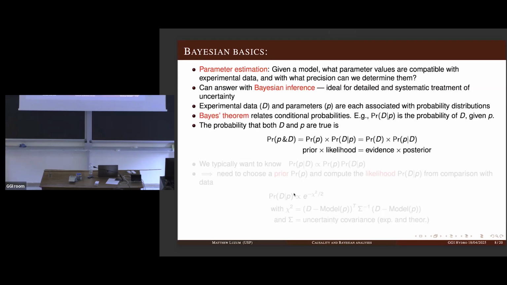Okay, so why Bayes? So here's where Bayes' theorem comes in. Here's my treatment of Bayes' theorem. In this particular context, we'll have D and P, where D is experimental data, measurements that have been made, and P are parameters in your model. You start by associating each of them with probability distributions, which I think is pretty natural for experimental data.